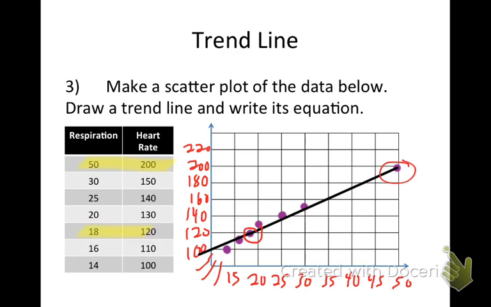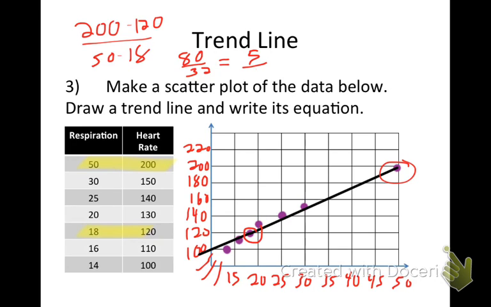So I'm going to take my slope, 200 minus 120, over 50 minus 18. I get 80 over 32. 80 over 32 simplifies to, does anybody know it? 5 over 2. So I get slope of 5 over 2.